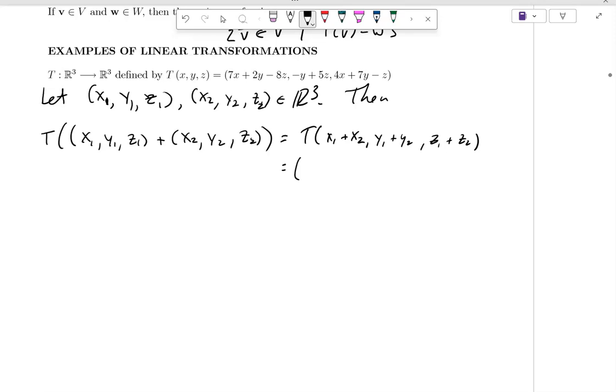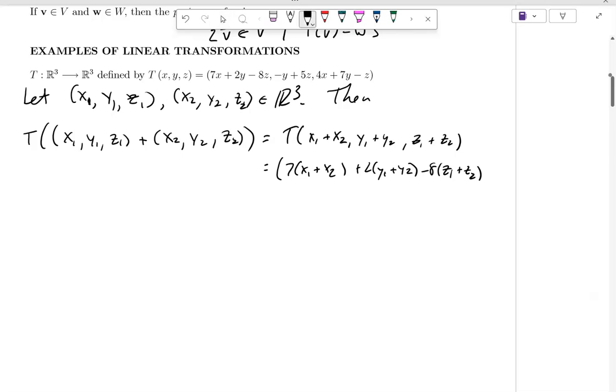What do I get when I plug it in? That's what we get when we put it in the first component, right? The second component will have negative of y1 plus y2 plus 5 times z1 plus z2.